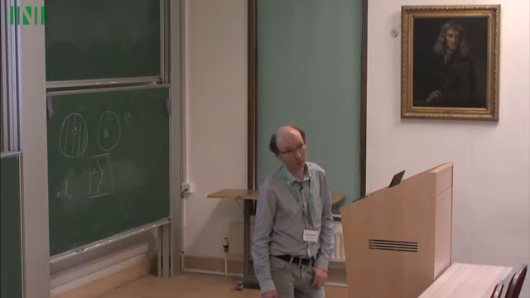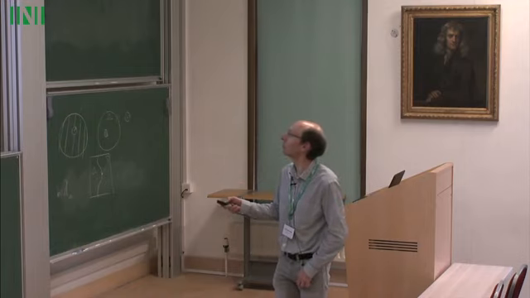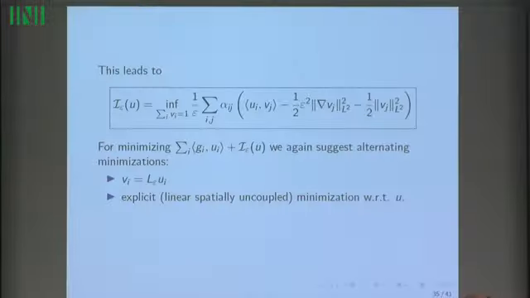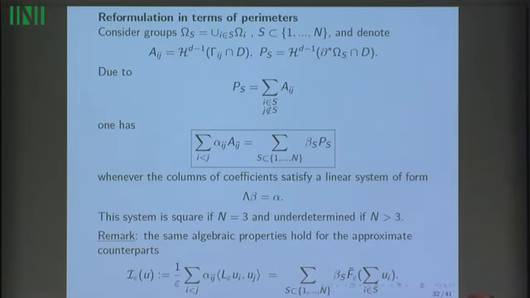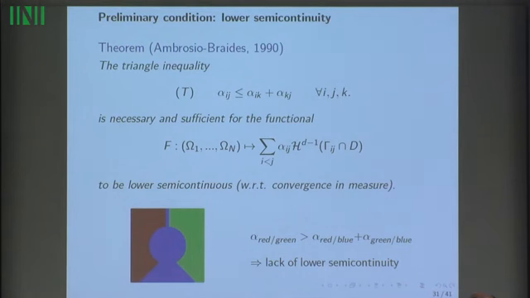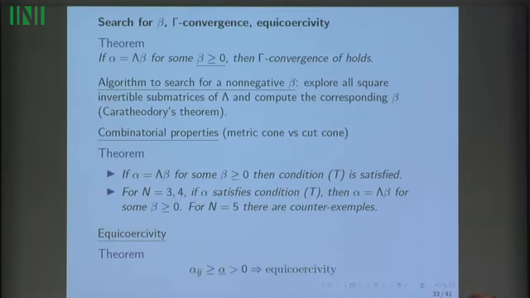Yes, I know what you say. I was fast in this. You need lower semi-continuity, so you need the triangle inequality. Equicoercivity, yes, because I know how to prove it when we have a formulation in terms of perimeter with positive coefficients.